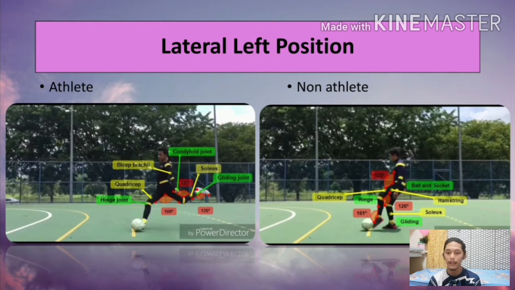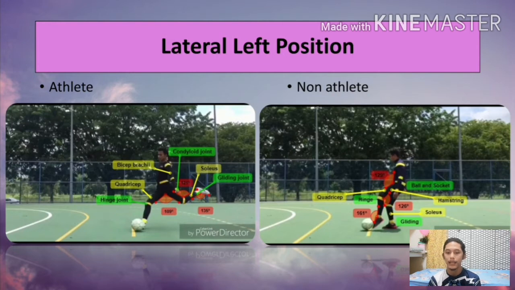The angle at the eyes of the athlete is wider than the non-athlete because the athlete focuses on the goalpost and aims the ball to enter the goalpost, while the non-athlete just focuses on kicking the ball without looking at the goalpost.